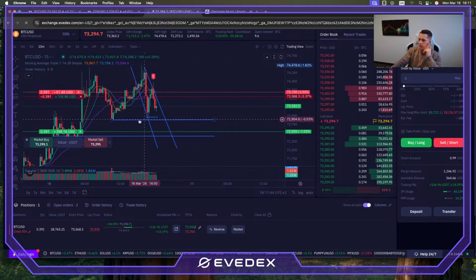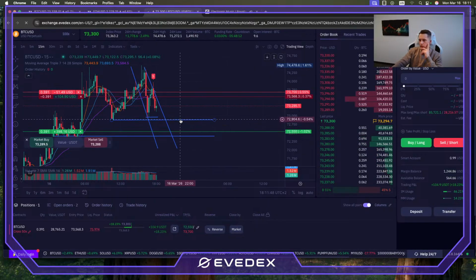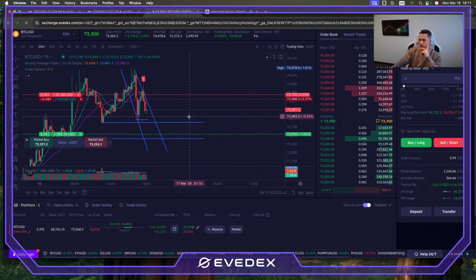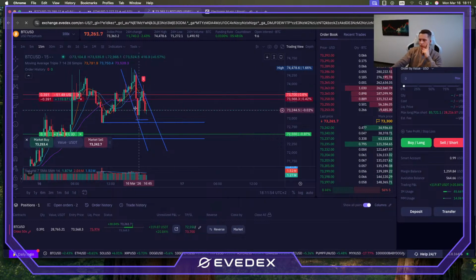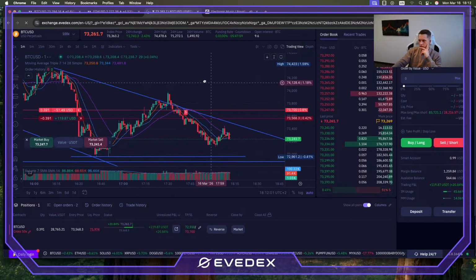So as I said, price may have some struggle getting through this level, but from this downtrend perspective, it does seem like we're going to see that continuation and a move through that level.